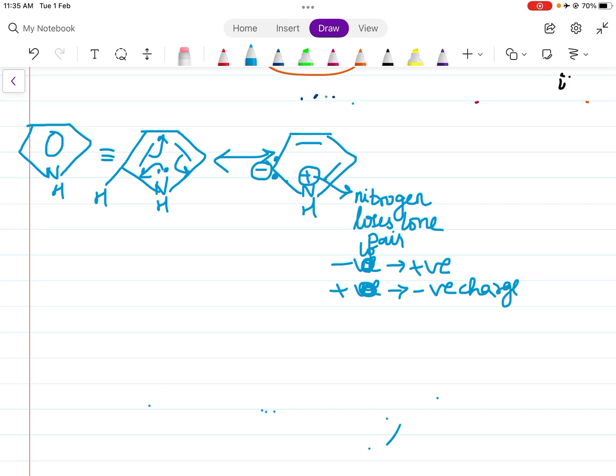So this is loses and this is gains. Since nitrogen is losing, nitrogen will have a positive charge, and the negative charge will shift. Again, there will be a resonance structure. This will go over here, this will go over here, positive charge will go over here. So this will look like this.